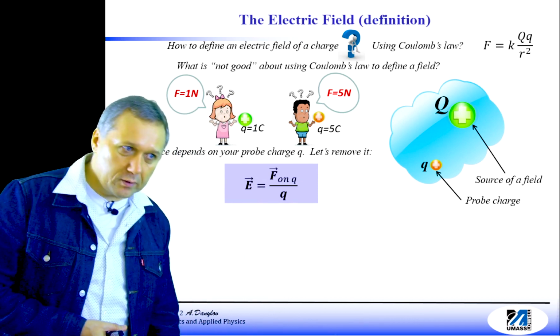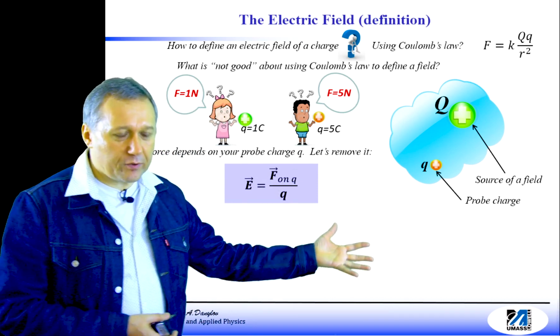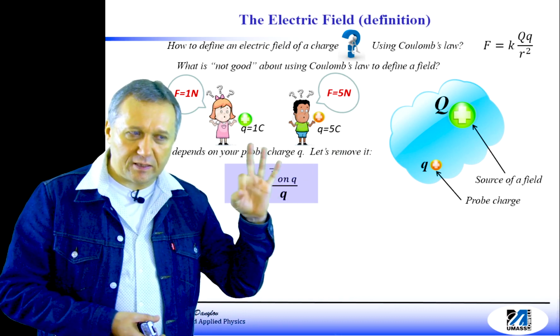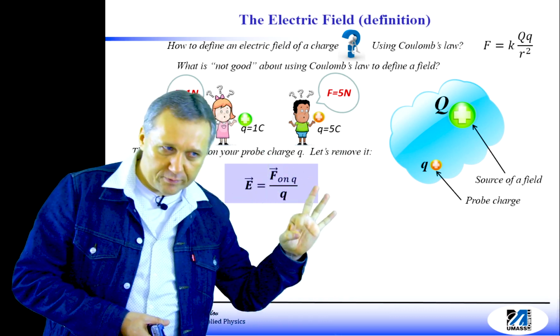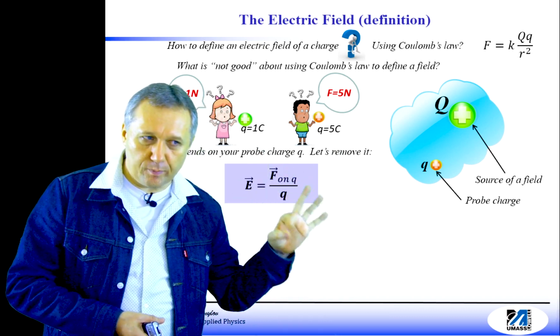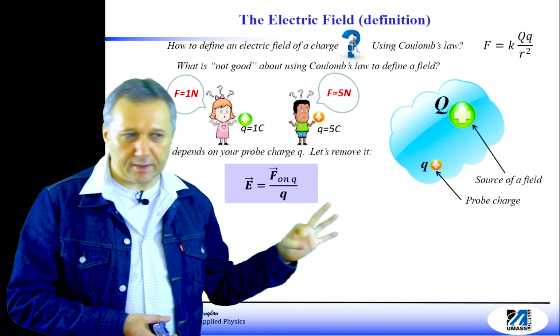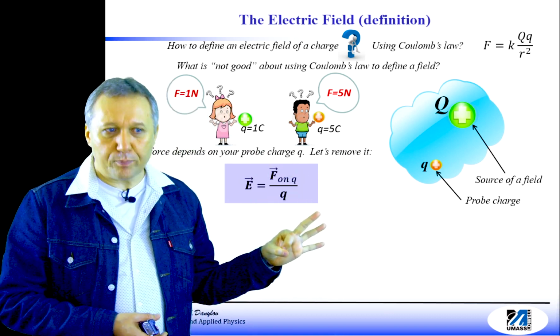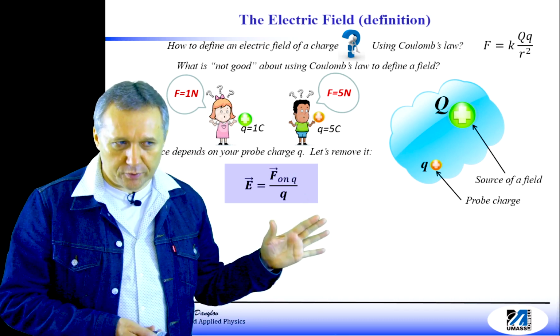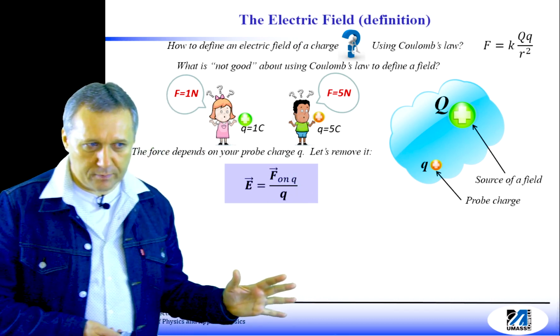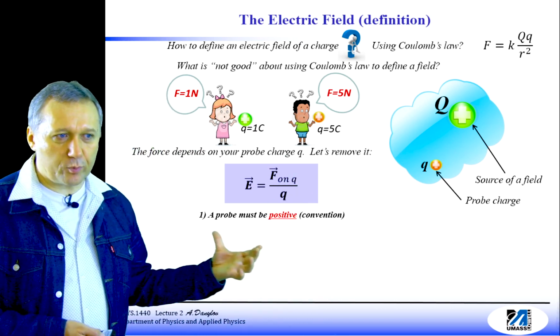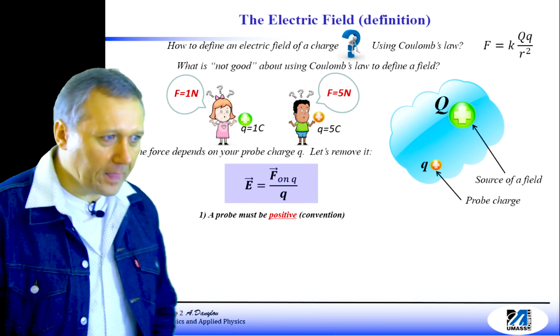So from now on, if you see somebody reports the electric field, it means that that person used a positive probe charge to measure, to probe, to define the electric field. So probe charge must be positive by convention. So it's a first restriction. A probe charge must be positive.